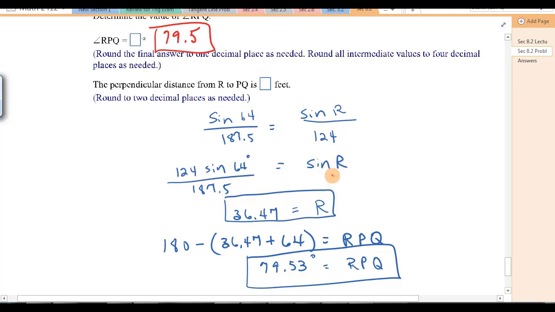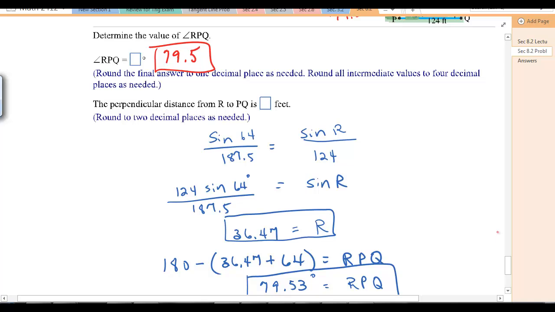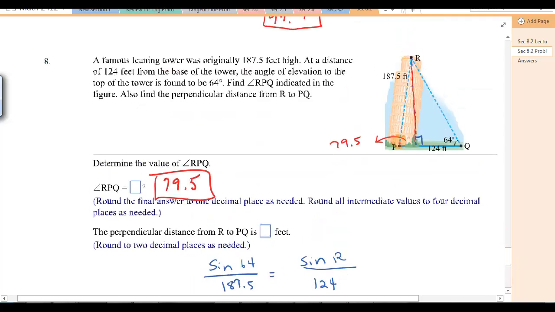Remember that you will do inverse sine to actually get the angle. Then you can subtract the sum of that angle plus the 64 because we're asked to find RPQ.